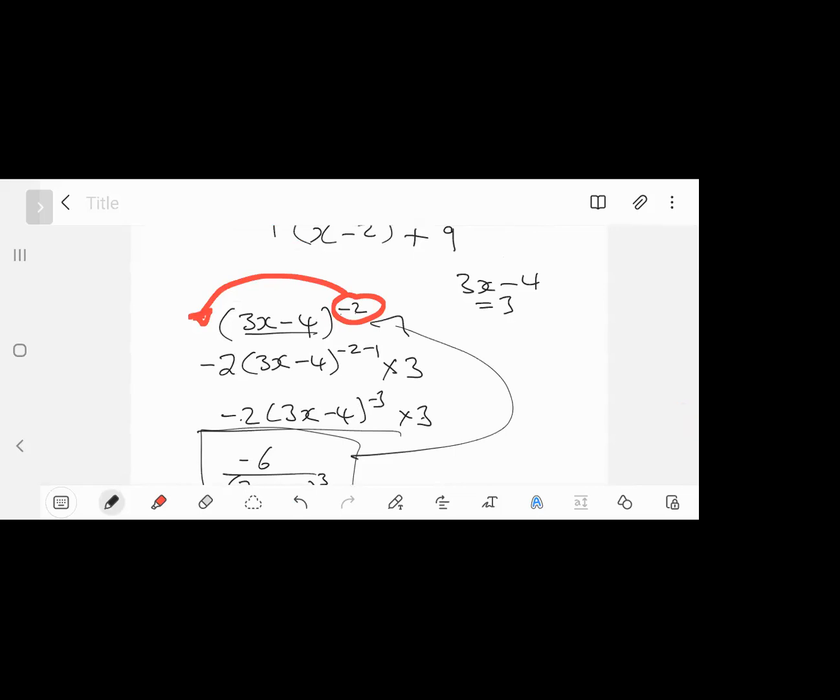You derive the bracket like you normally derive anything, then you multiply everything by the derivative of what is inside the bracket. So is it okay to use the K method? Yeah, you can. Please explain from when you multiplied by 3.